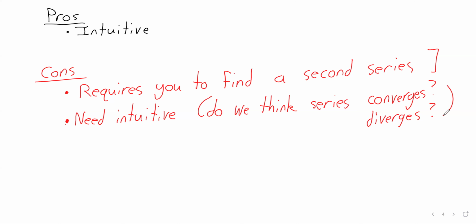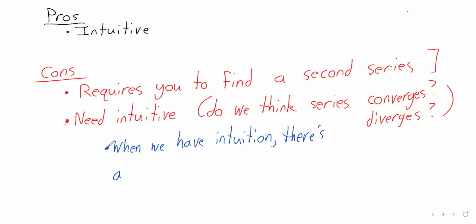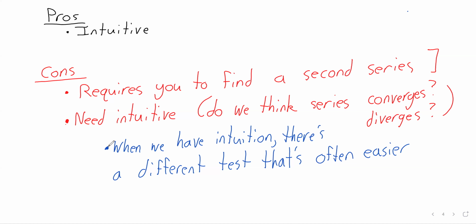And I feel like I'm coming down very hard on this test, but a sort of sub-con of this is that when we have that intuition, there's a different test that lets us use that intuition correctly, and that's often much easier to use, the so-called limit comparison test.